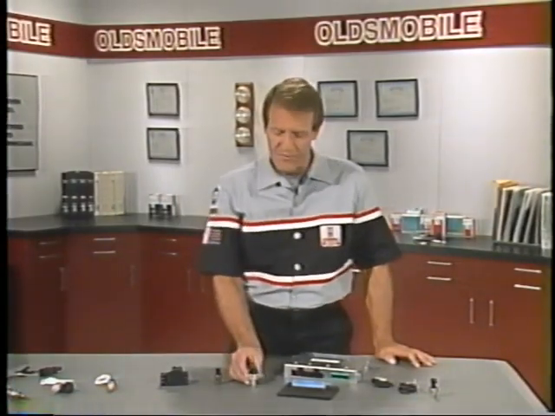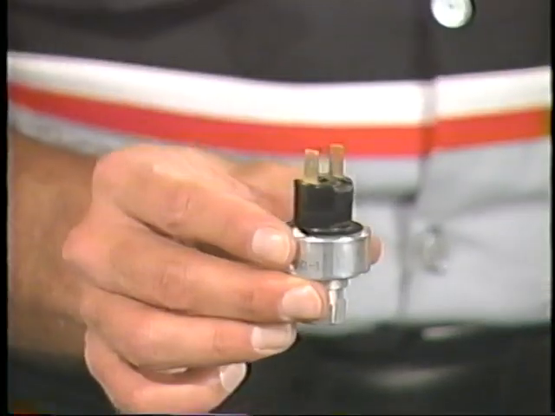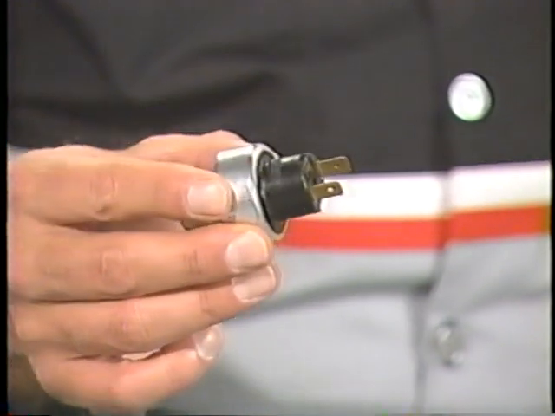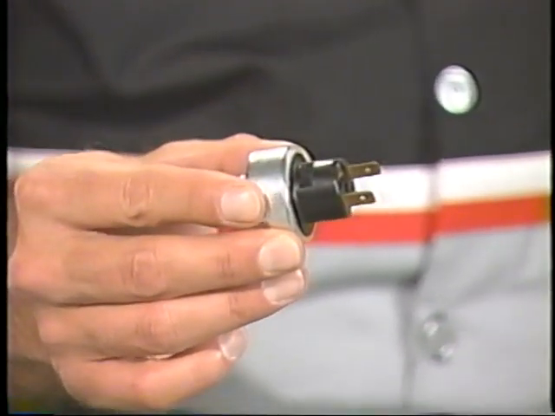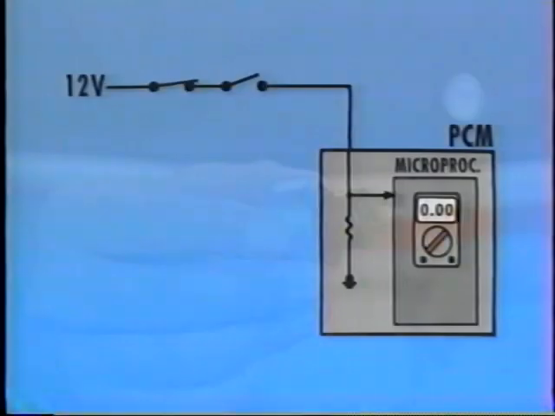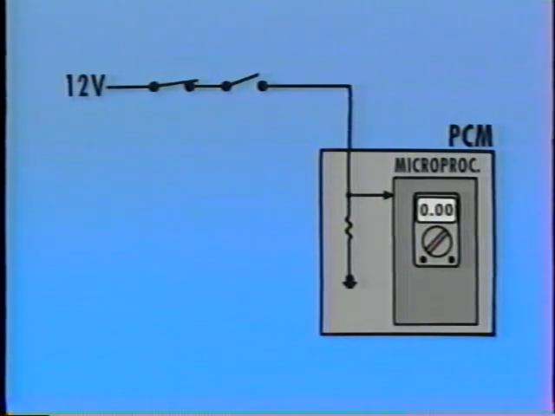The simplest type of sensor is a switch. Because it generates either high voltage or low voltage, its signal is digital. The AC request input uses two switch sensors connected in line, the AC high pressure cutout switch and the compressor cycling switch.